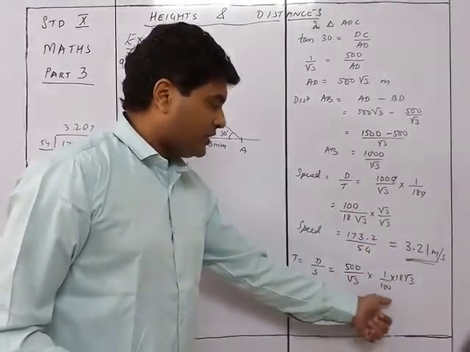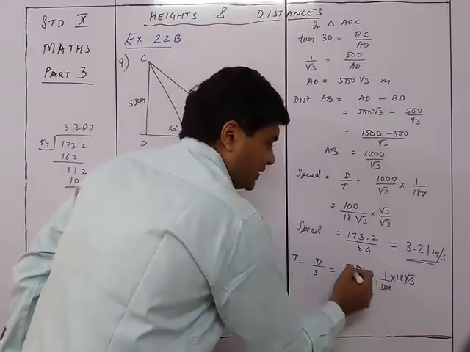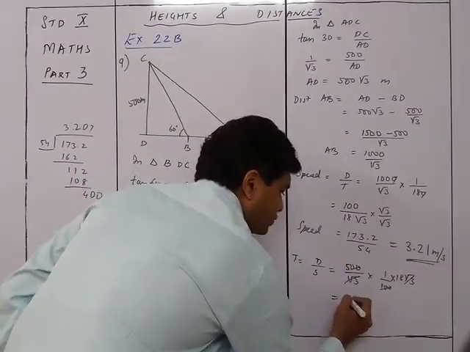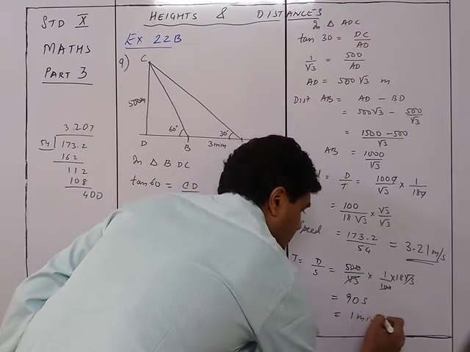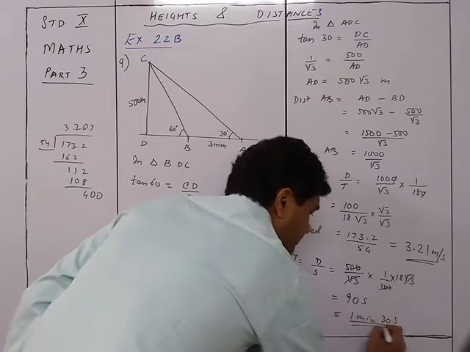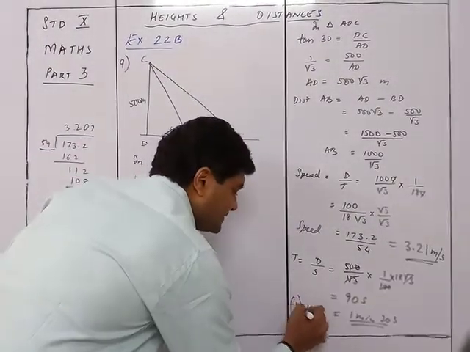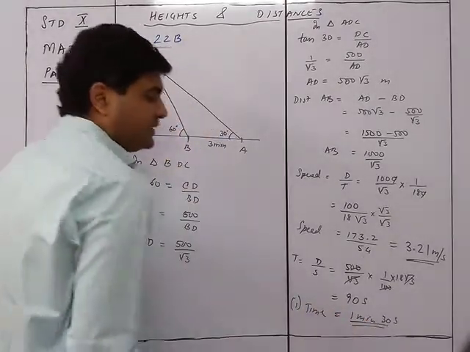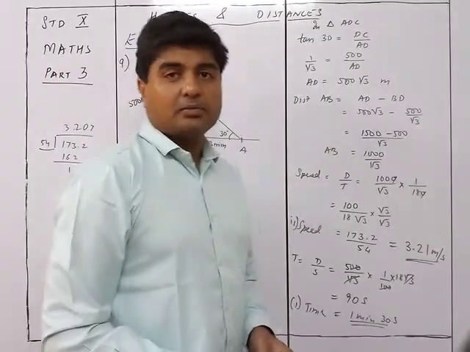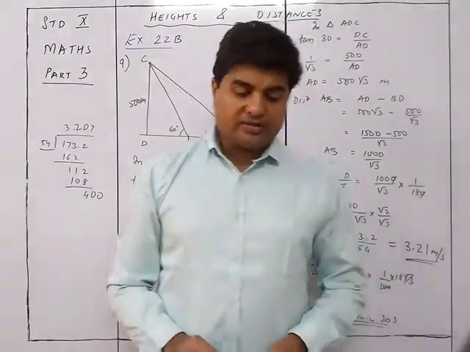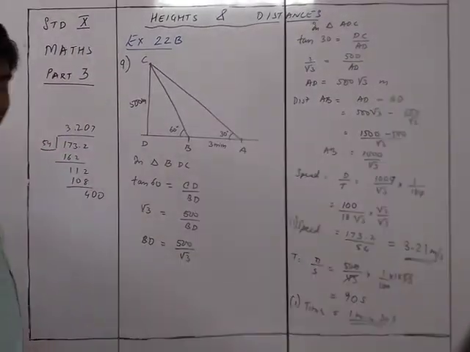So 18 root 3 goes in the numerator, root 3 gets cancelled, 0 gets cancelled, 18 into 5 is equal to 90 seconds, that is 1 minute 30 seconds. So the time taken is 1 minute 30 seconds, and the speed was 3.12 meter per second. Understood? This was a very important sum.